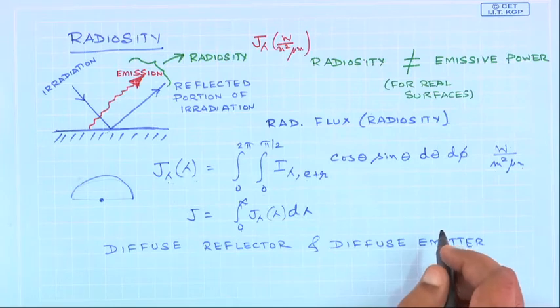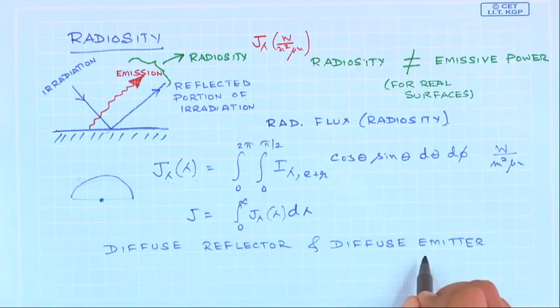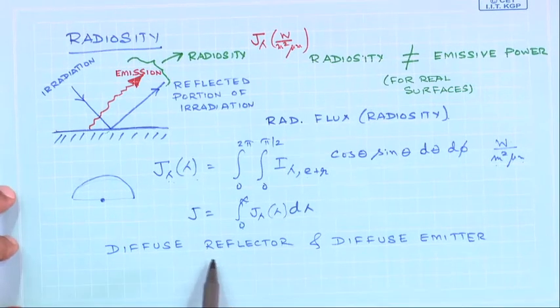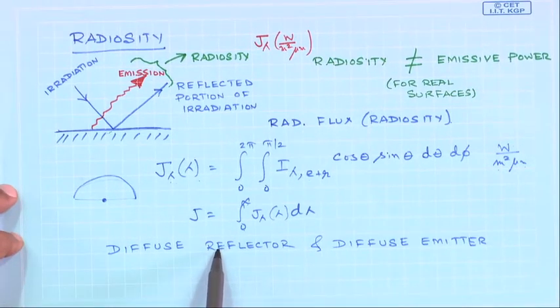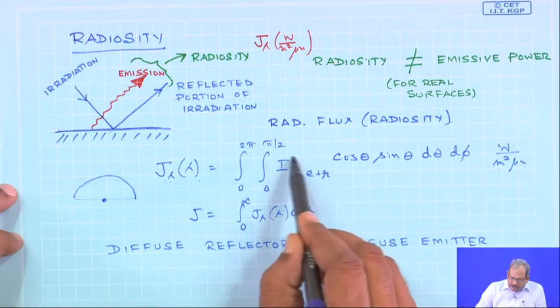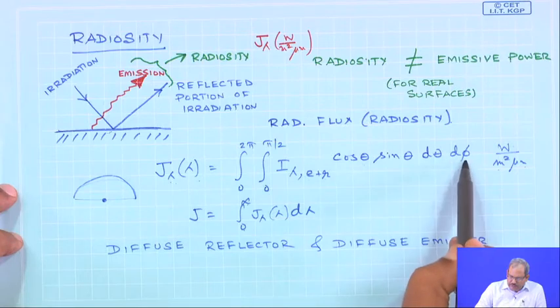If the surface is a diffuse reflector and a diffuse emitter, that means whatever comes out of the surface does not have any directional property, and whatever is incident on it, after reflection, the radiation has no directional property, then I lambda, E plus R, does not depend on theta and phi.